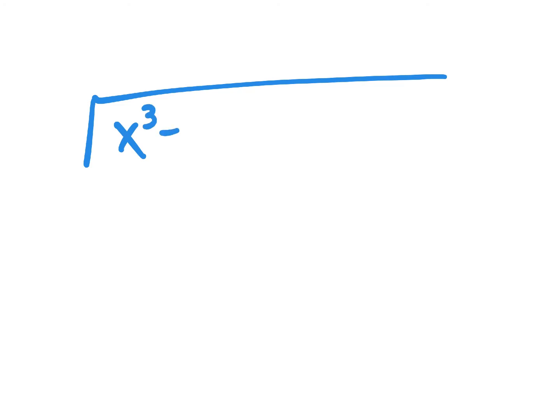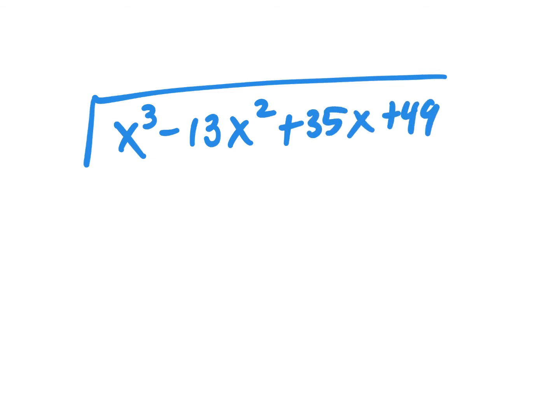Now, how about if I step it up a notch? How about if I say, okay, this part's just a longer problem. That's not the scary part. But would you please write out x to the third minus 13x squared plus 35x plus 49. That's not the scary part. And I'm going to tell you one of the roots, and then that shouldn't be that scary.